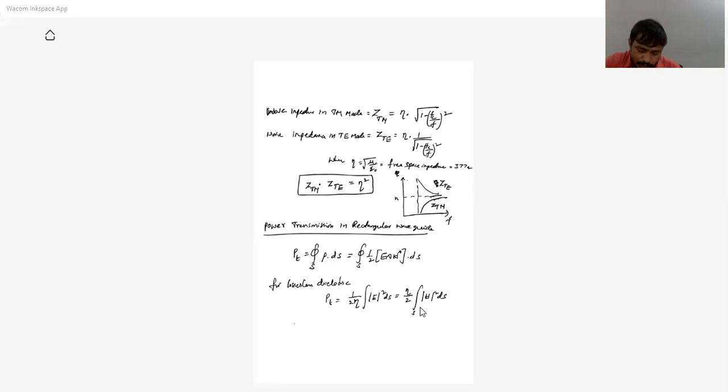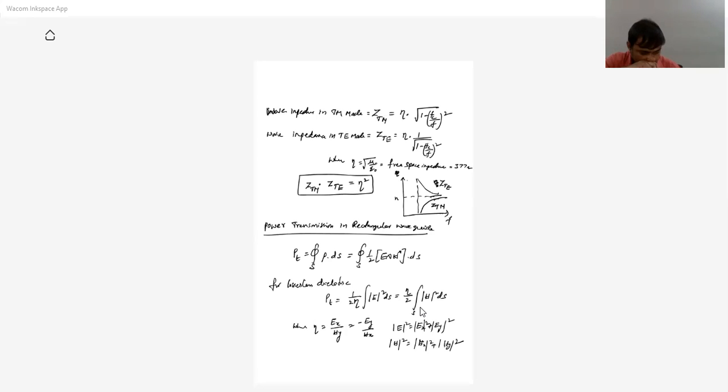Already we know eta is equal to Ex by Hy, or this is equal to minus Ey by Hx. Based on this, you can write mod E square is equal to Ex square plus Ey square, and H square is equal to Hx square plus Hy square.